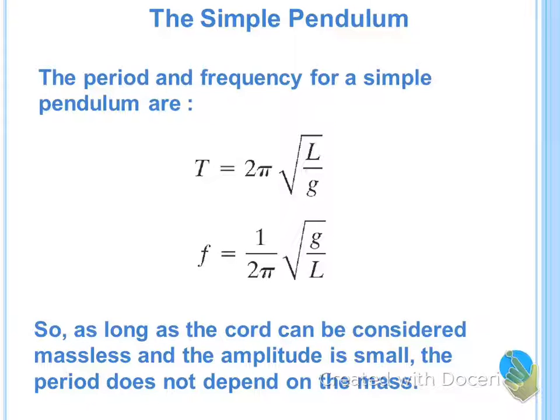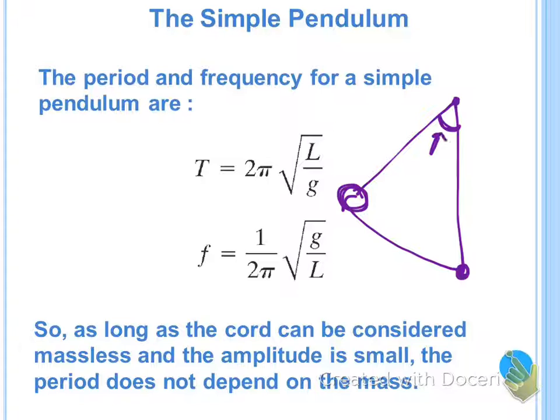So this equation works for us as long as the cord has a negligible mass. We said that it's a lightweight cord, and as long as the amplitude is small. So what would the amplitude of a pendulum look like? If we swing it up and it ends up here, the amplitude is really the degree.